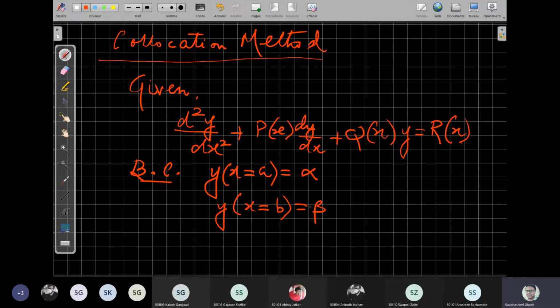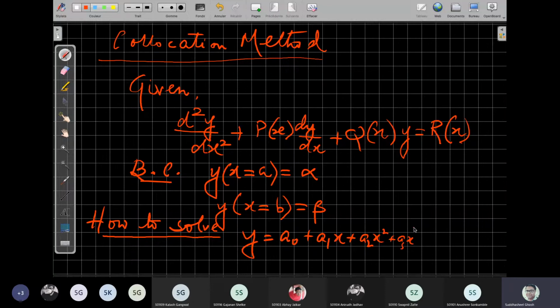And what you have to do is assume a polynomial. So if the question is how to solve this, you can solve it by assuming a polynomial, which is like y equals a0 plus a1 x plus a2 x square plus a3 x cube.